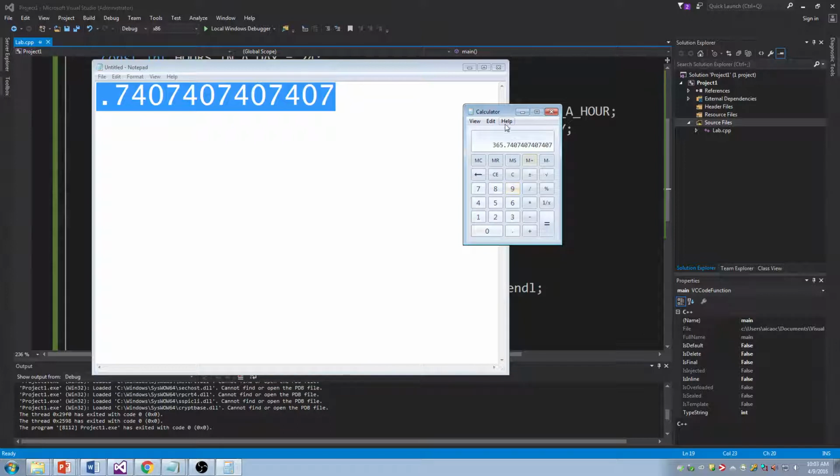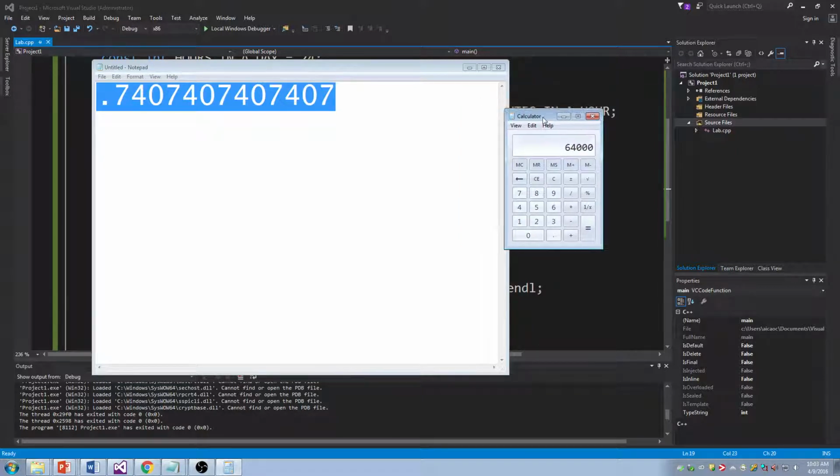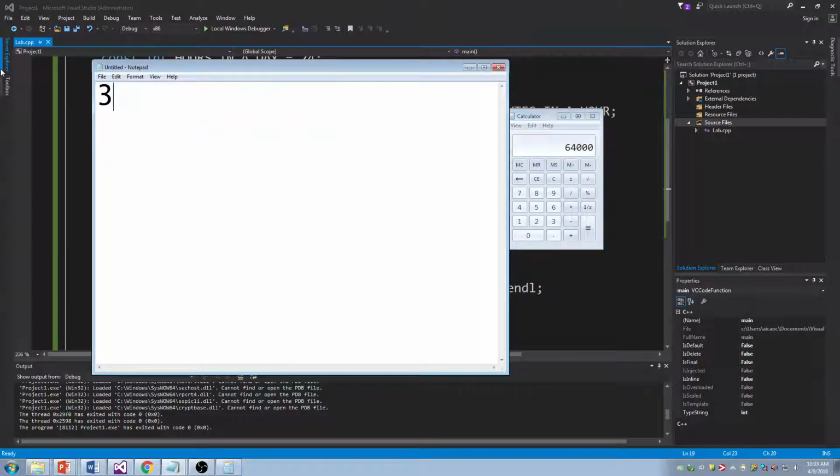So I have 365.704. This is how much I have remainder. If I multiply that by 86,400, I get exactly 64,000. This is how many seconds are left from my operation. This is out of that big number I typed in, out of 31,600. Okay, this is equal to 365 days.